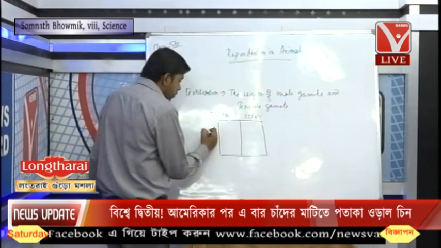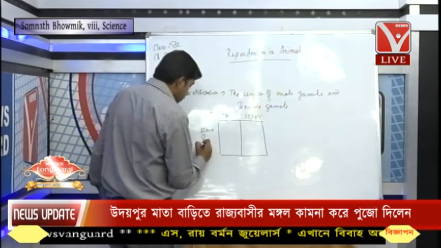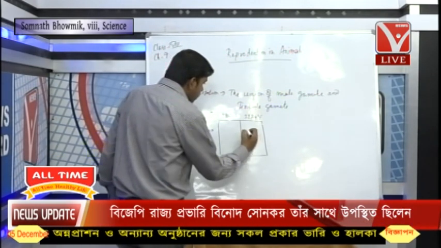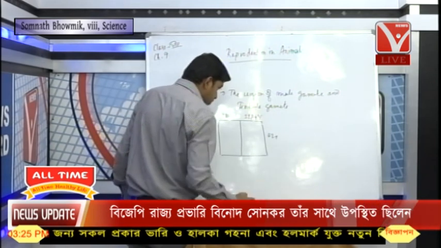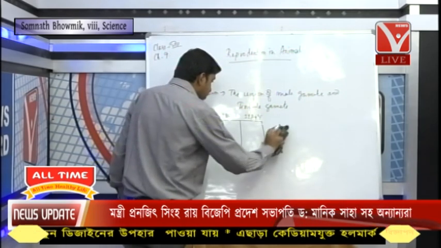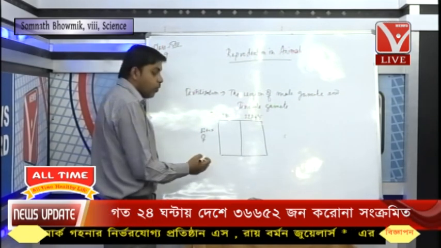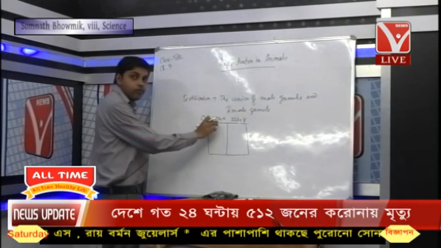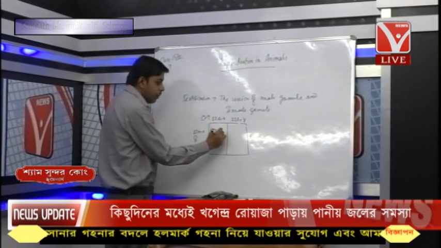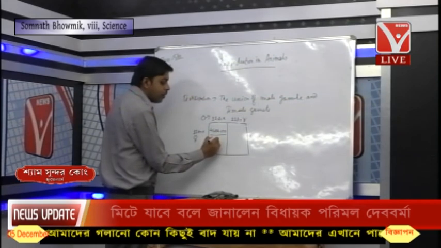In the female, both gametes are the same, 22 plus X. If the X male gamete fuses with the female gamete, what will be the result? 44 plus XX. So this is the female offspring.